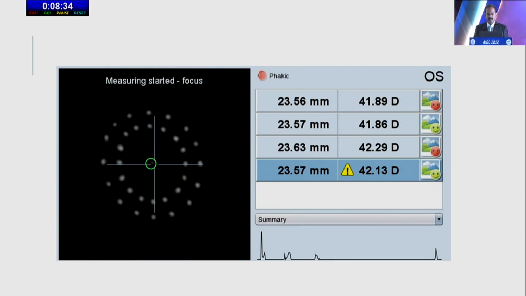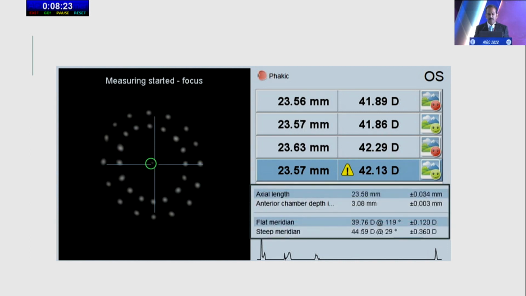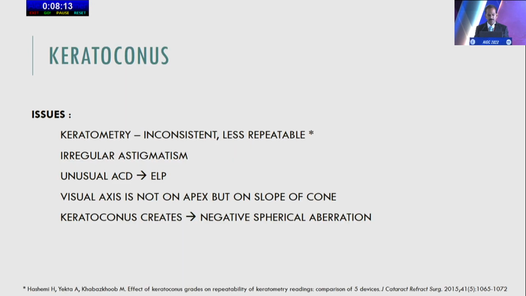This is a LenStar image. Instead of just going ahead with your blank values, always do check your image quality and the standard deviation. If the image quality is not good and your standard deviation is way ahead, always discard these values, treat the patient for ocular surface disorders, get them back for remeasurement, and then go ahead with your calculation.